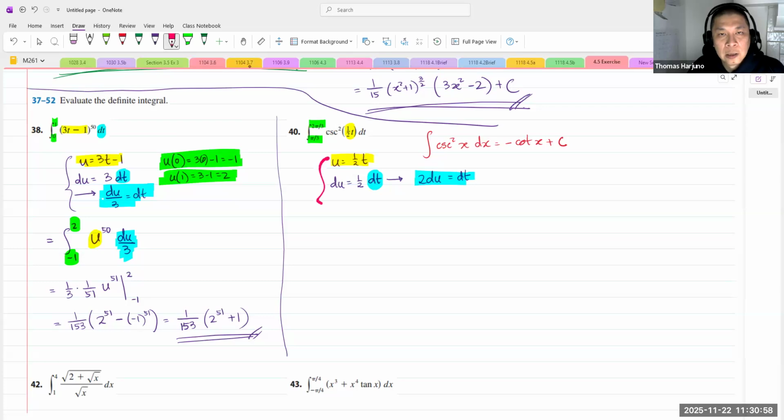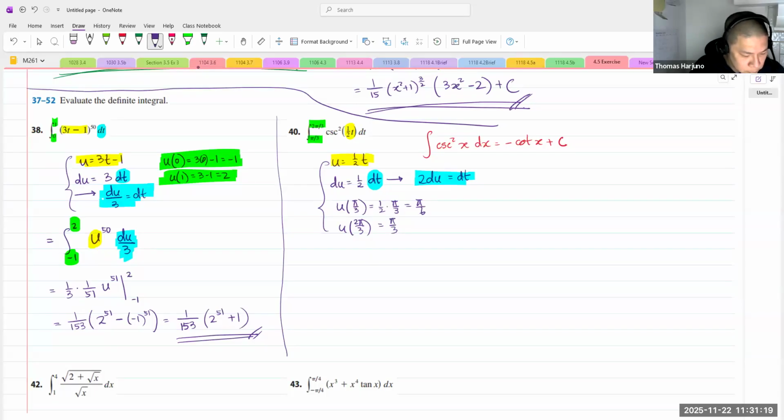Don't forget it. Oops, sorry, wrong color. So u at pi over 3 is 1/2 of pi over 3. That's pi over 6. U at 2 pi over 3 is pi over 3. Okay. Now then, this is equal to integral. That's our green part.